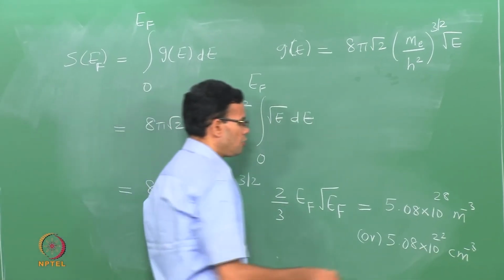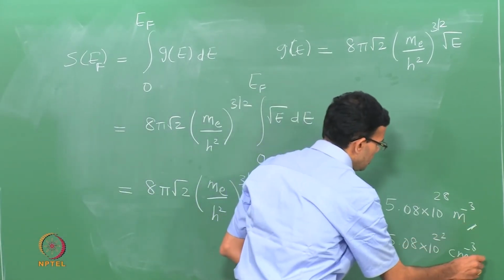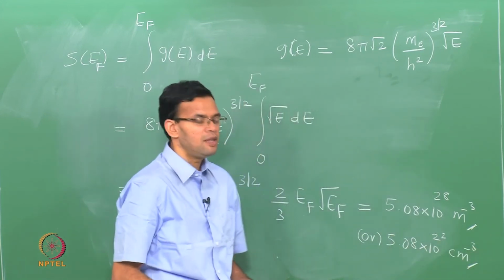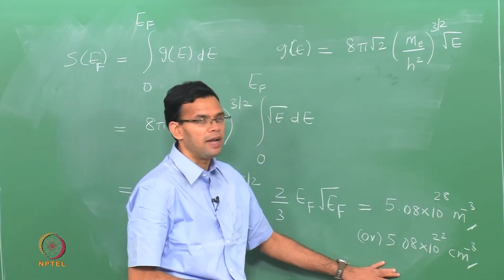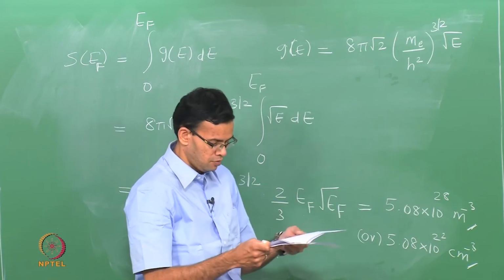So, these are the total number of states that are available in silver from the bottom of the band up to the Fermi energy EF.